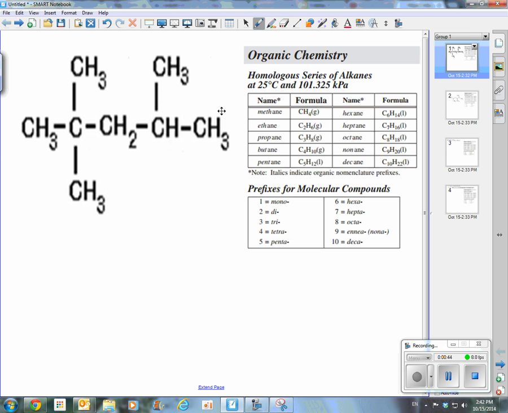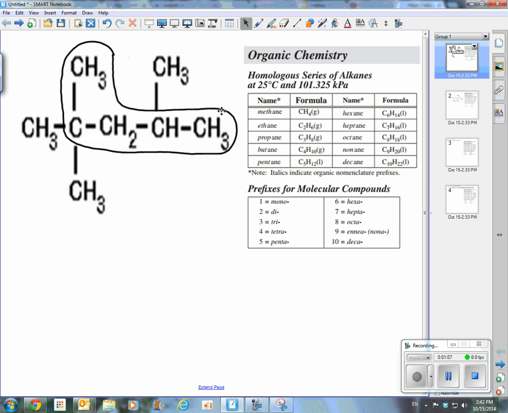Those aren't always going to be the longest continuous chain. So just to test out how we're doing, we're actually going to select this as our parent chain, which is equally as long as the original one, and it won't actually change the name of our compound at all. So the first step there is to identify the parent chain, and we've done so.